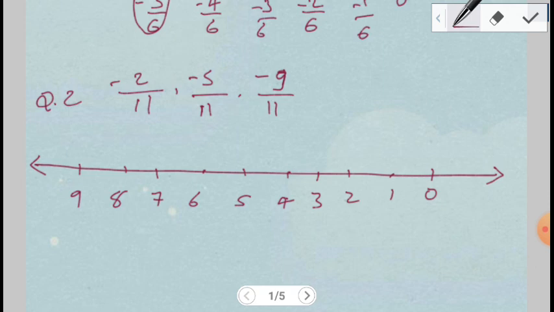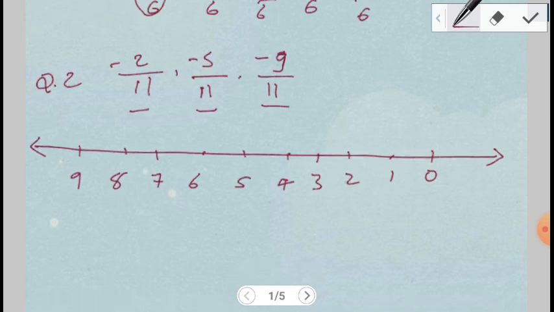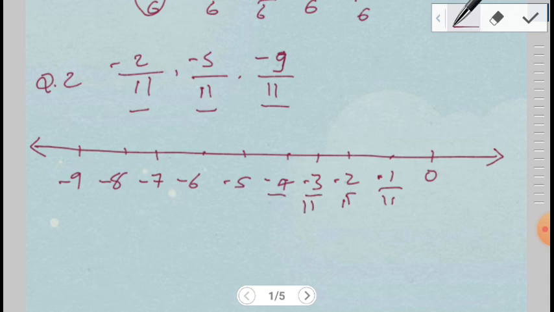Next one is: represent three rational numbers on the number line. Same, we note minus 1 from 0 to the left side, minus 1, 2, 3, 4, 5, 6, 7, 8 and 9. Now we write the denominator everywhere as 11.